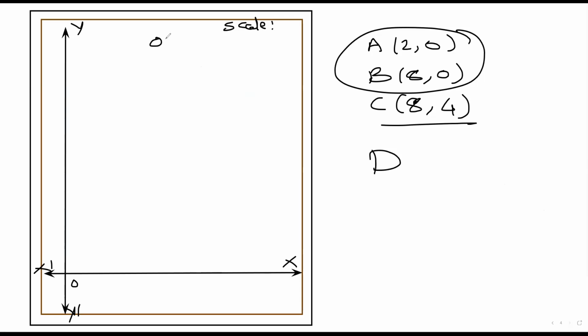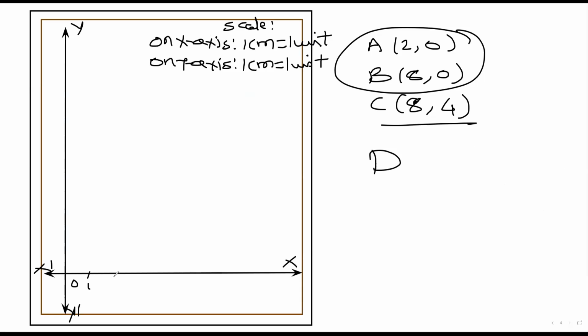So we'll see what to write here. On the x-axis, 1 centimeter is equal to 1 unit. Same thing on the y-axis, 1 centimeter is equal to 1 unit. We are not going to change the scale. Now you have to mark the points 1, 2, 3, 4, 5, 6, 7, 8, maybe 9.